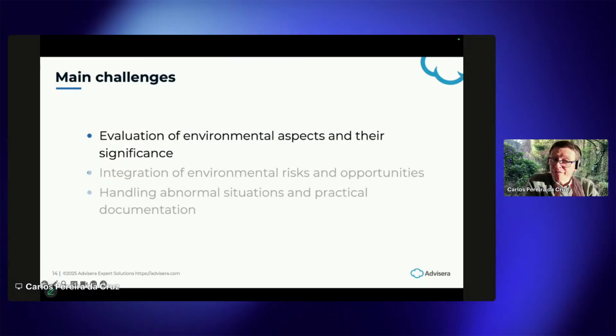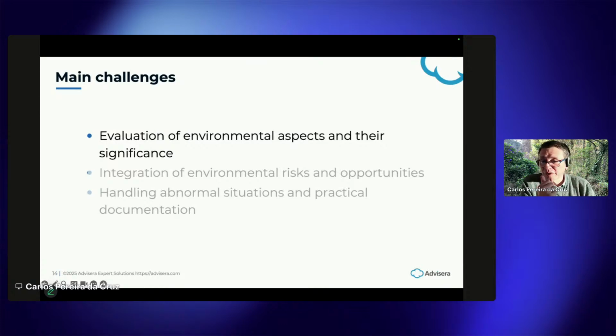Think about the criteria for determining significance, where to set the threshold, the limit, and linking significant aspects to environmental objectives and performance evaluation. So to what needs to be improved, and the environmental objectives can be used to evaluate the degree of improvement.